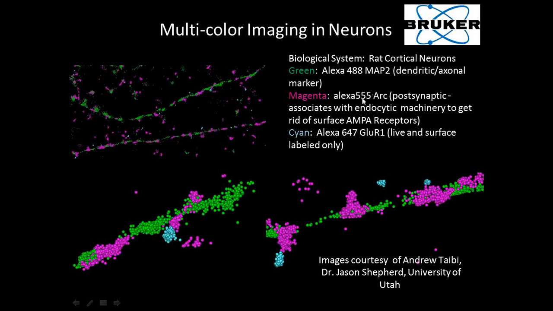This is not one of the dyes that I had tried before, but for their particular system, it actually worked really, really well. So looking at Alexa 555 ARC protein, and then the cyan is GluR1, which does not co-localize with the ARC protein.